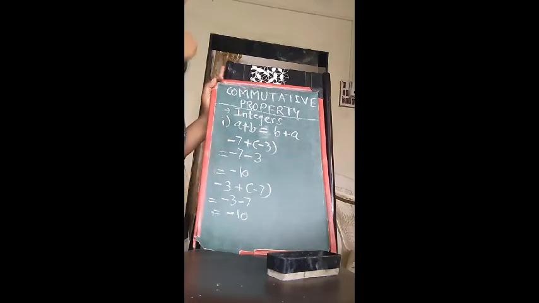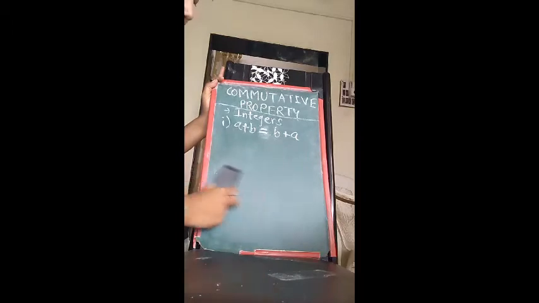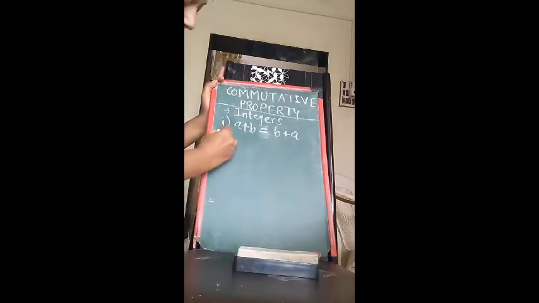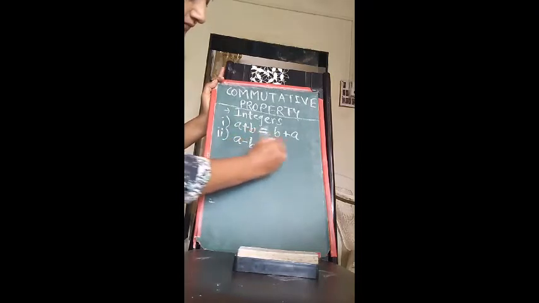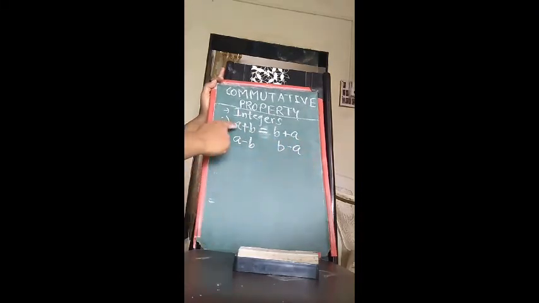I will wait for a second. Okay, finish your writing. Just mention here integers because we are looking for the integers. The property we are checking for the integers.